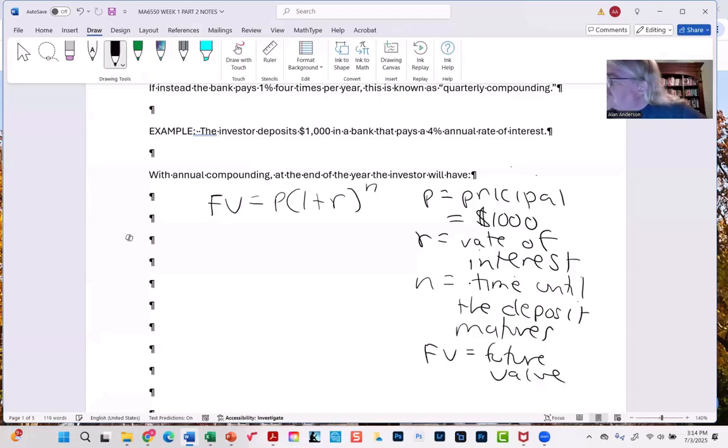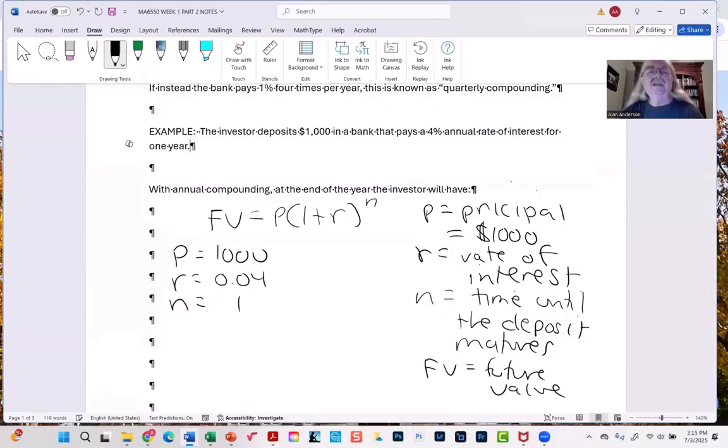All right, so in this part, P is 1,000, R is 4%, and N is 1 because it's a 1-year deposit. Actually, I forgot to mention that in the beginning. Let me add that right now. 4% annual rate of interest for 1 year. Okay, now we're all set. So $1,000 is the principal.